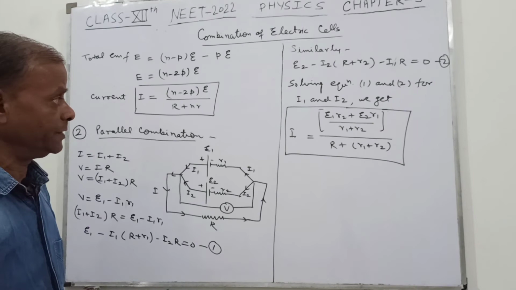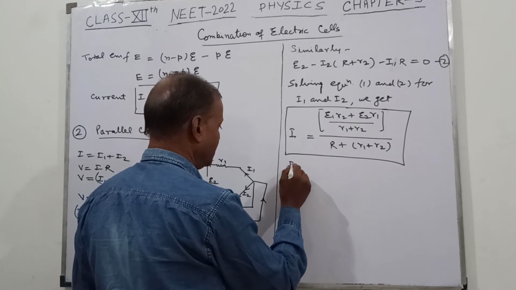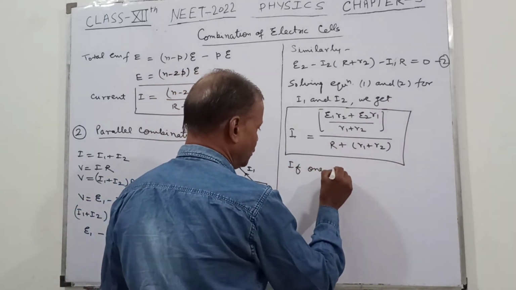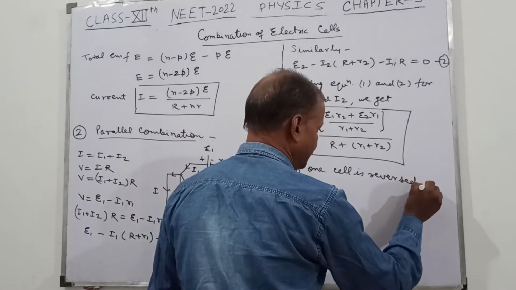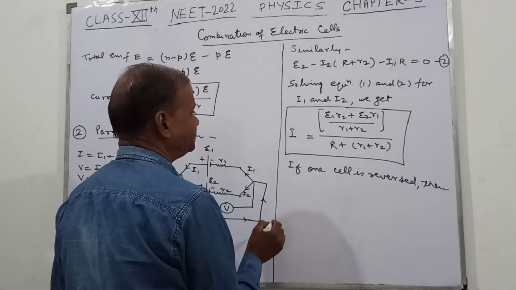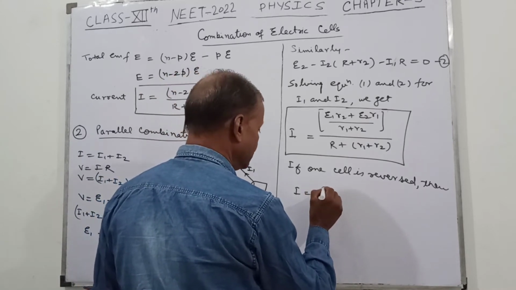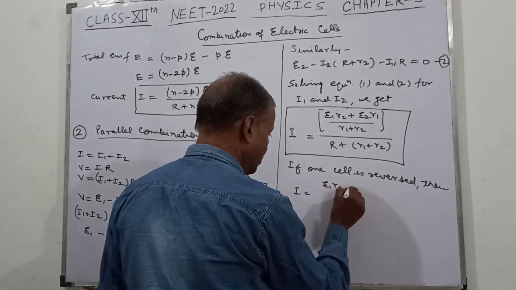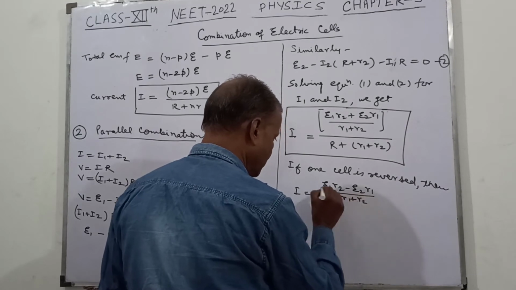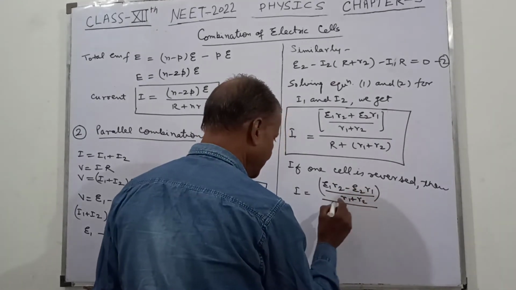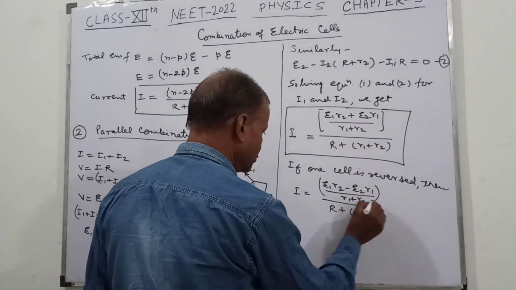If one cell is reversed, then this I is equal to E1 R2 minus E2 R1 upon R1 plus R2 divided by R plus R1 plus R2.